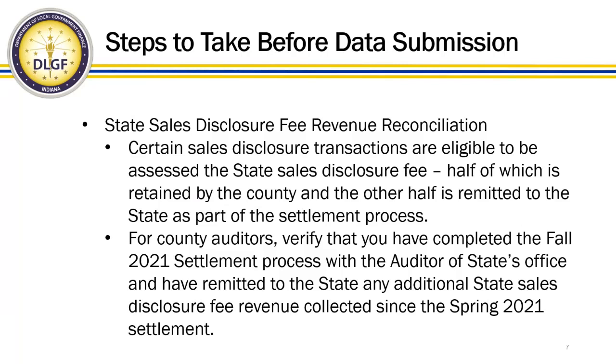The fall settlement process is going on right now and typically wraps up around mid-to-late December. So again, to emphasize, you want to verify that the fall settlement process has been completed and that you've sent all the state sales disclosure fee revenue, the portion that should be sent to the state, that is, as part of that process.